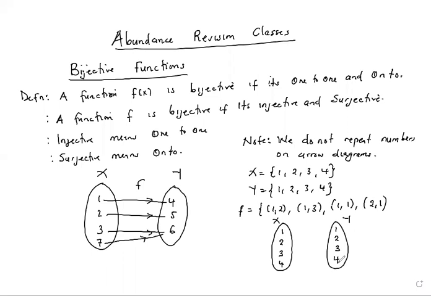Then you start mapping now using F. 1 goes to 2, 1 goes to 3, 1 goes to 1, 2 goes to 1.